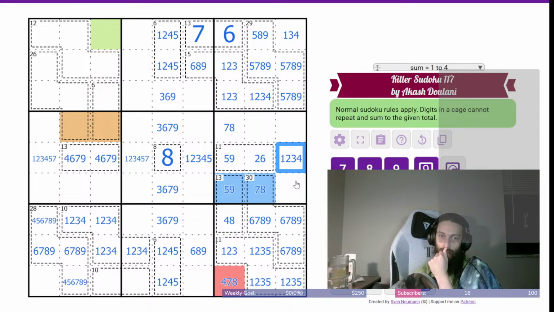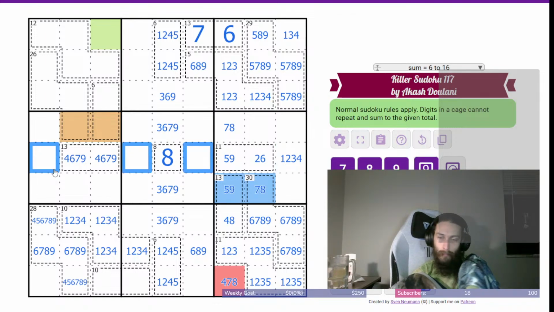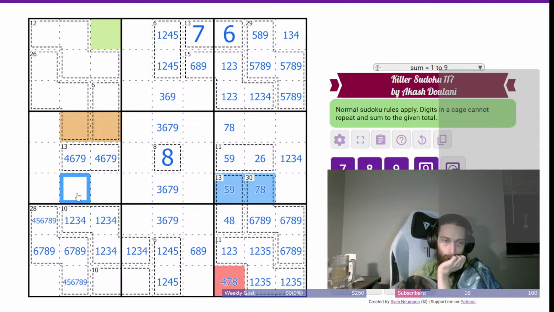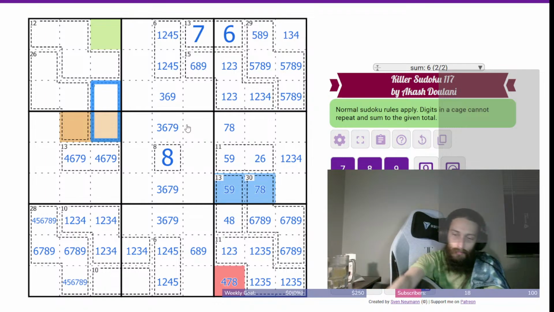That's still a lot of digits, though. Well, there's that 6 cage between boxes 1 and 4.